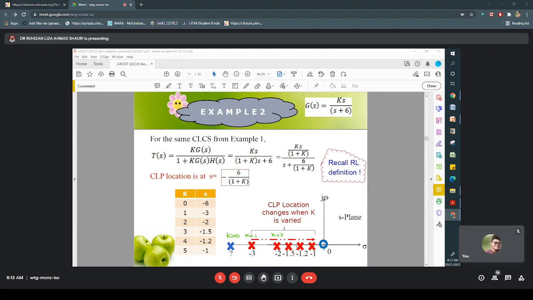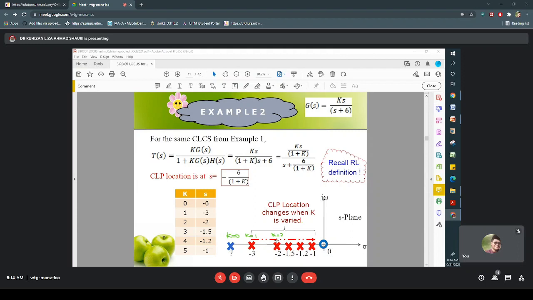So this is one by one. But if you learn how to sketch the root locus by the rules, you can immediately get the root locus without having to calculate each of the closed loop poles according to the different K. Got it?